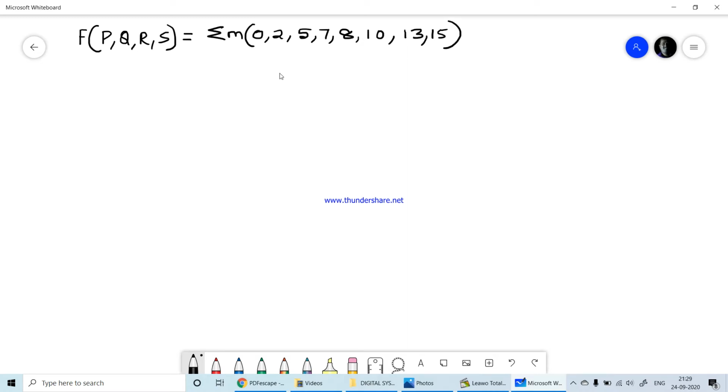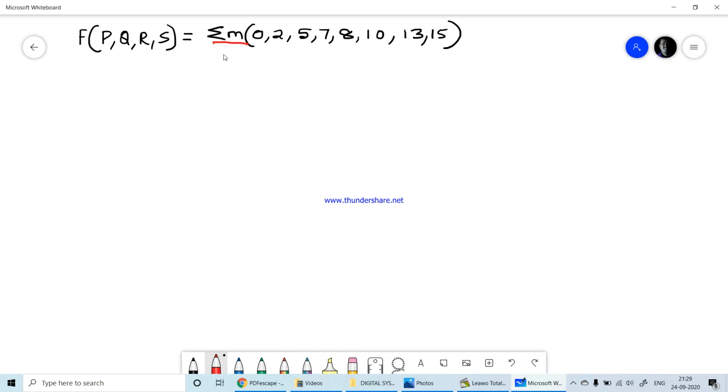Normally in Quine-McCluskey you get minterm expressions; maxterms will not be given. Normally you see the minterm expression in the Quine-McCluskey method. So let us go step by step.